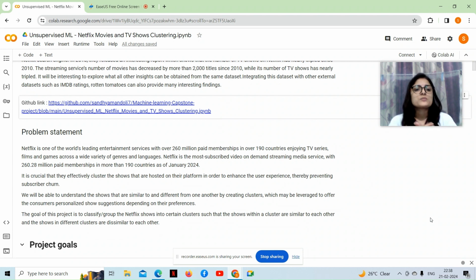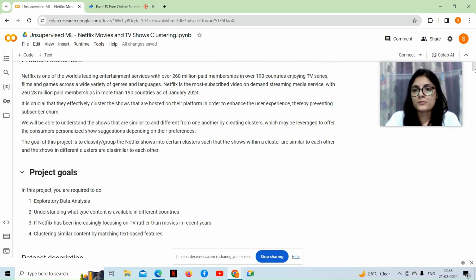The goal of this project is to classify the Netflix shows into certain clusters such that the shows within a cluster are similar to each other and the shows in different clusters are dissimilar to each other.